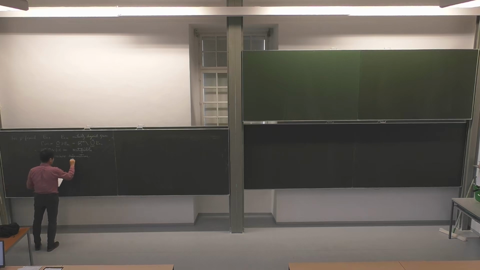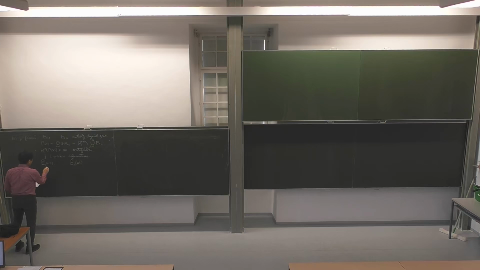E hat i of delta t. After this, you move by this smoothed mean curvature, and you get the set for the next time, delta t. Okay, so that's the scheme.